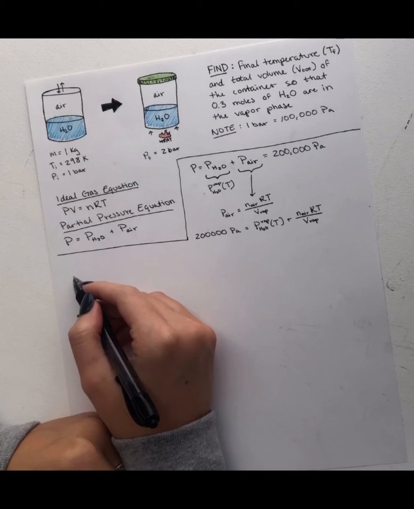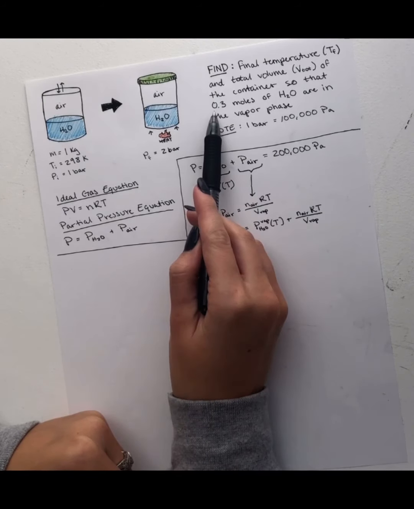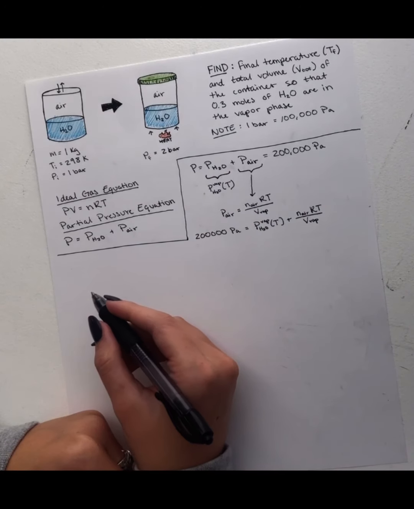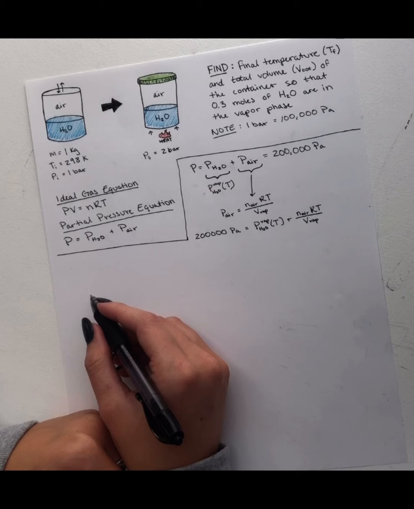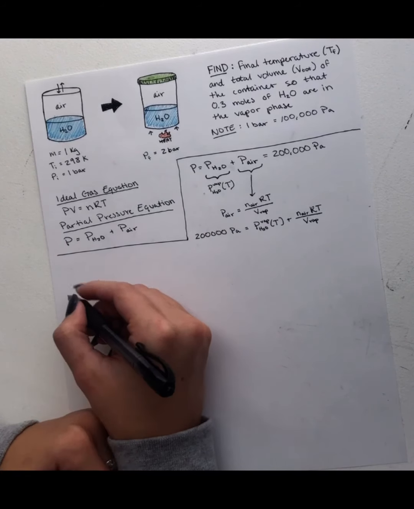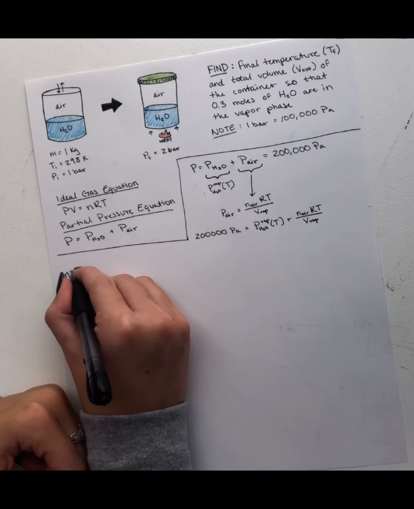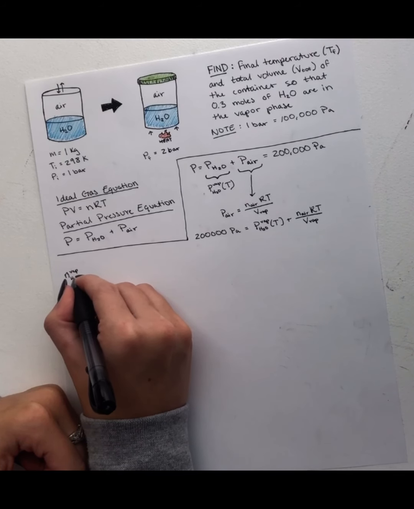Next, let's focus on the specification of the number of moles that we want in the vapor phase. So let's do the number of moles in the vapor phase of water.